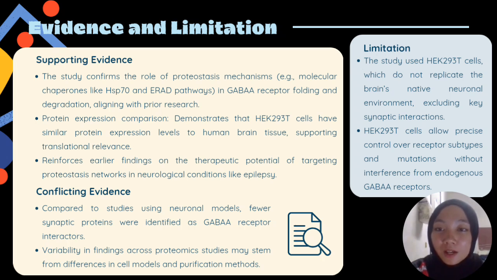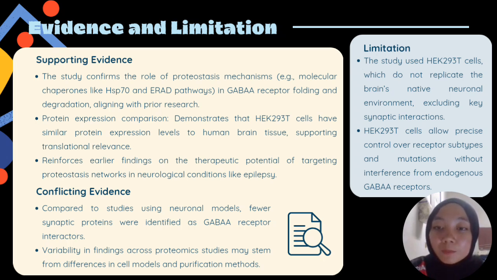Now, let's explore how this study fits into the larger body of research. On the supporting side, this study confirms the critical role of proteostasis mechanisms in regulating protein folding and degradation. For example, molecular chaperones like HSP70 and the ERAD pathway were identified as key components in maintaining protein quality control. These findings align with earlier research, reinforcing the importance of proteostasis in neurological disease.